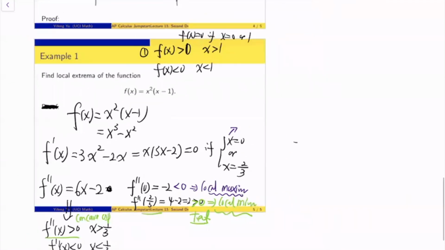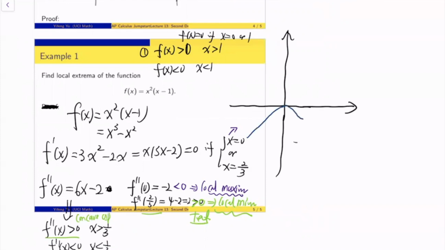Okay, let's use this information to draw the picture. At 0 we have a local maximum, and then this is 1. That's the graph we have.